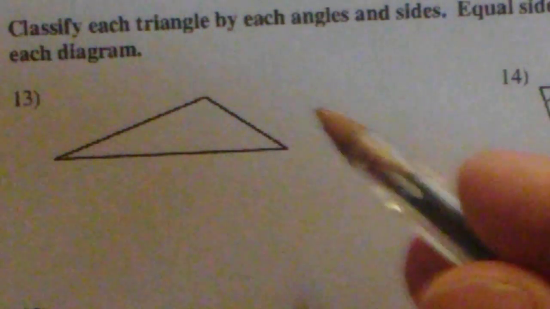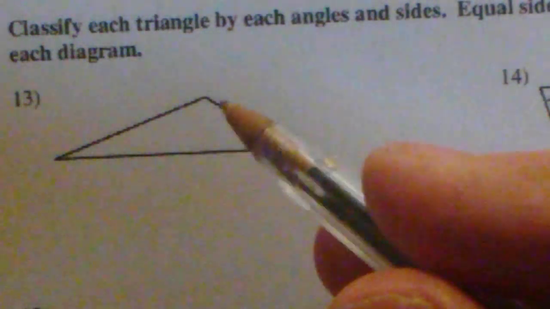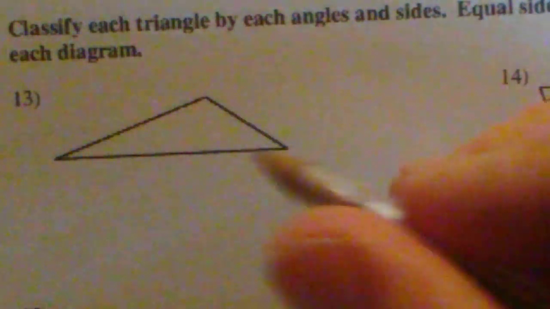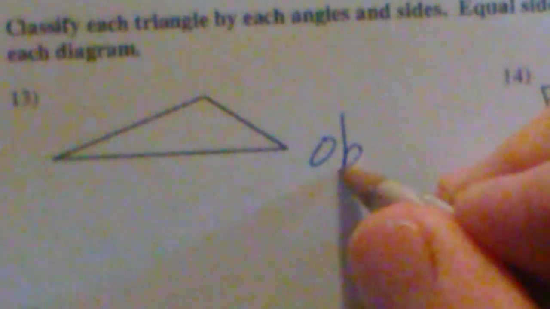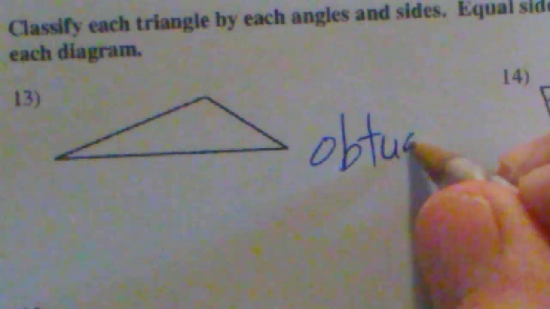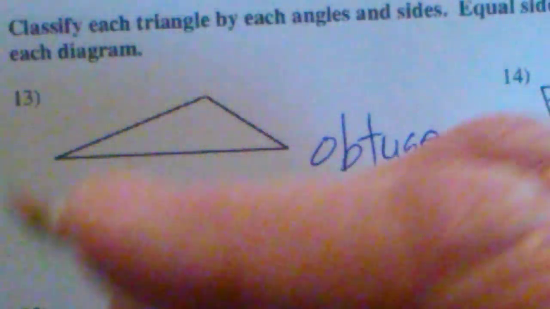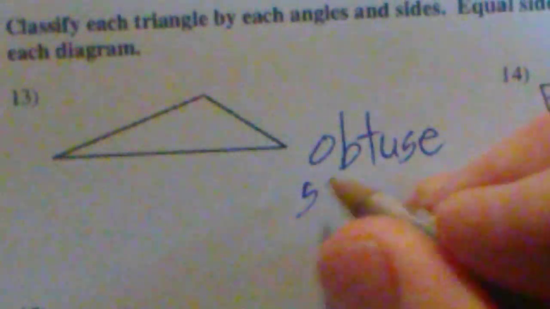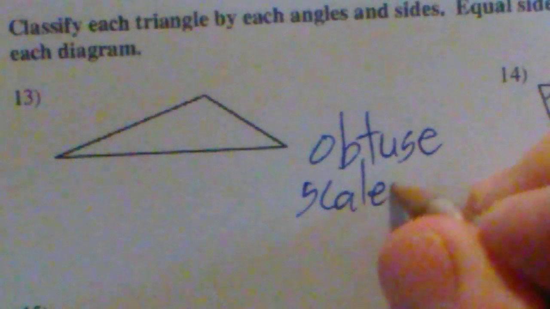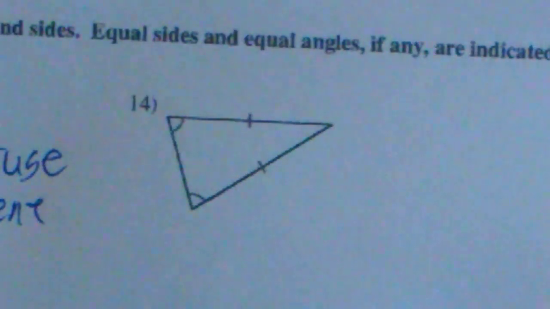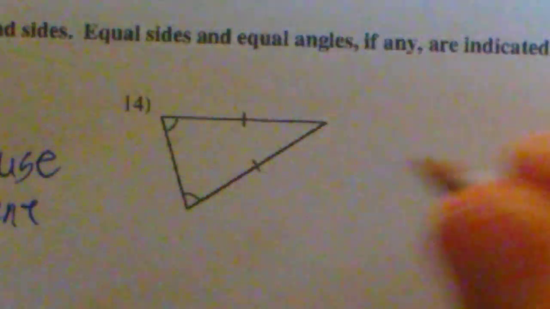They keep going on and on. Okay. Acute, because they're all, nope, sorry, that's obtuse. So this is obtuse. And they're all different. Scalene. Obtuse, scalene. Isosceles.